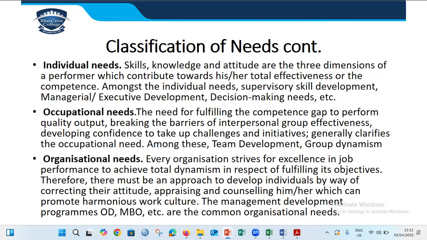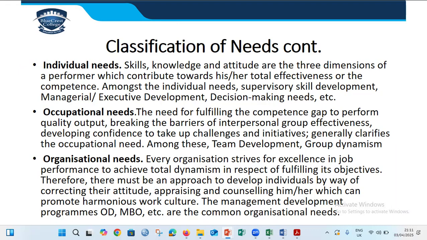And you look at the 3 dimensions of a performer as they contribute to the effectiveness of accomplishing the organization's goals. Among the individual needs, you can have supervisory skill development, managerial or executive development, and then decision-making needs. All of these are needs at the individual level.